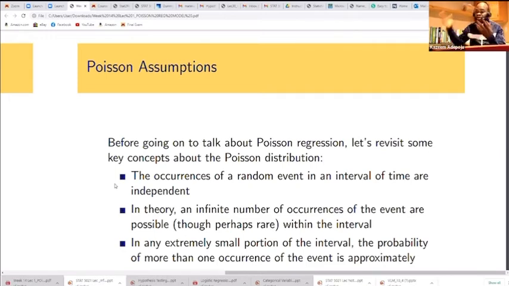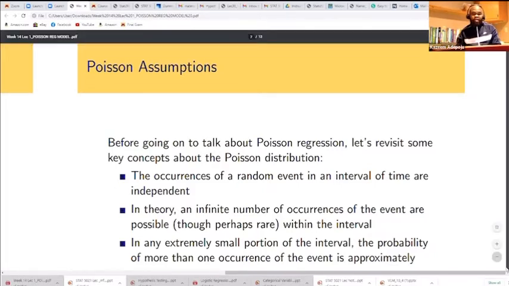When you are talking about accidents, the fact that accidents occur in a particular street on Monday, you cannot use the occurrence of accidents on Monday to predict the occurrence of accidents on Tuesday, because they are random events. So that assumption must hold.